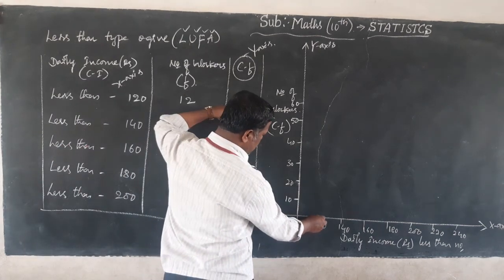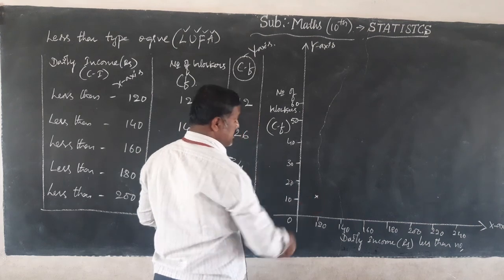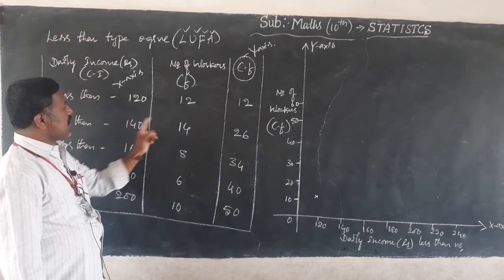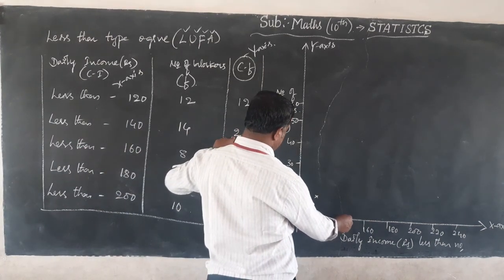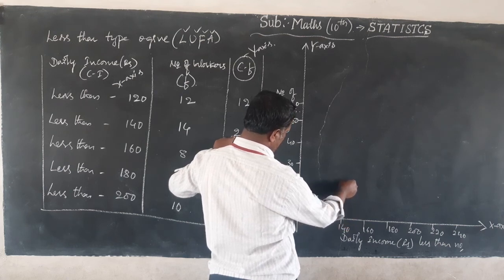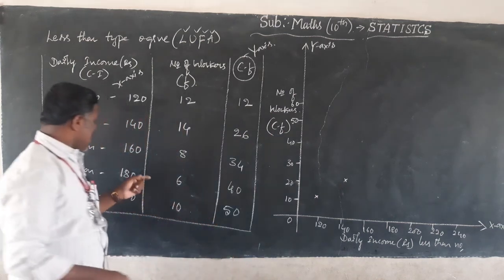I can locate it here. Then 140 comma 26: in the 140 line we go up to 26, and I can locate it here.